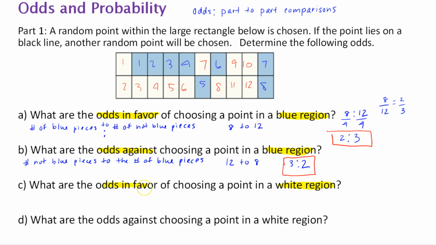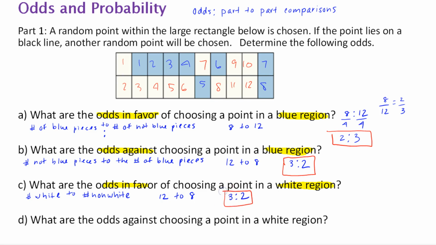If we want the odds in favor, we want the number of white pieces to the number of non-white. The number of white pieces is 12. The number of non-white is the blue, which is 8. So the odds in favor of white are the same as the odds against blue, since they're the only two colors. Simplifying this, we have 3 to 2.